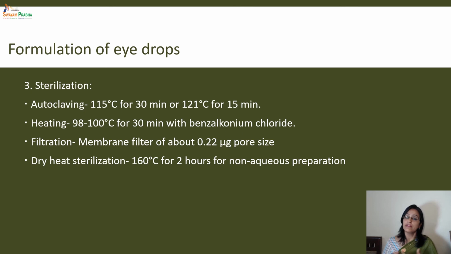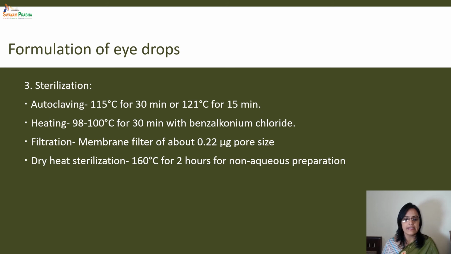And the third important step is sterilization. I am again and again mentioning that for an ophthalmic product, sterility is a must. So autoclaving. Dear students, also remember the standard temperature of autoclaving, because it may be asked in a multiple choice question in the examination: 115 degrees centigrade for 30 minutes or 121 degrees centigrade for 15 minutes.